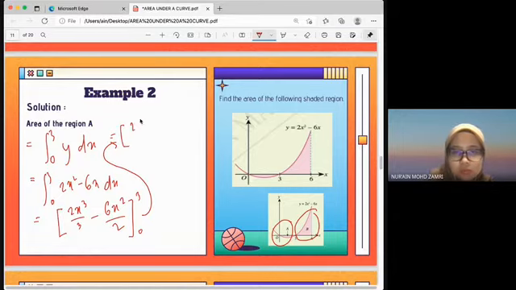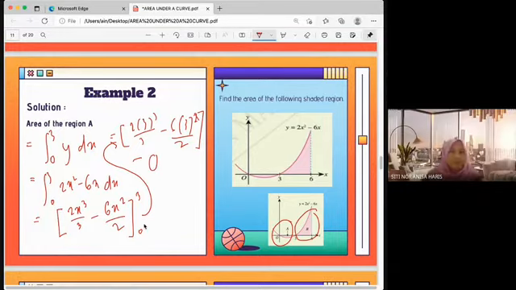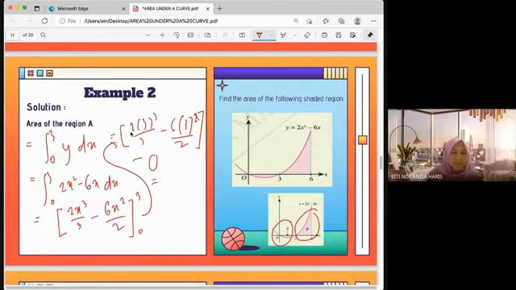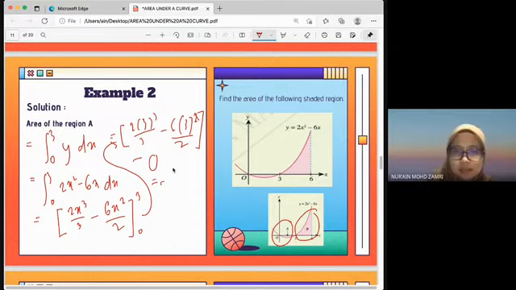So 2 times 3 cubed over 3 minus 6 times 3 squared over 2, minus 0. If you substitute 0 in x, you will get 0. So the answer you will get, is it negative 9? Yes, correct, negative 9.